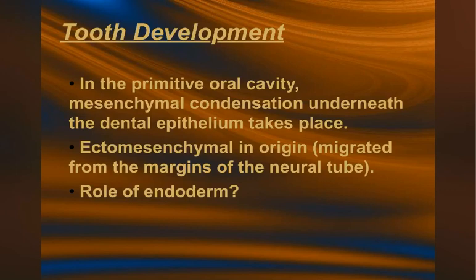They form there, then migrate and populate many areas of the body, especially in the head and neck region. So that's why it's called ectomesenchyme, because it's a mesenchyme, but it's not derived from the mesoderm layer. It's derived originally from the ectoderm layer. So that's why it's termed ectomesenchyme.